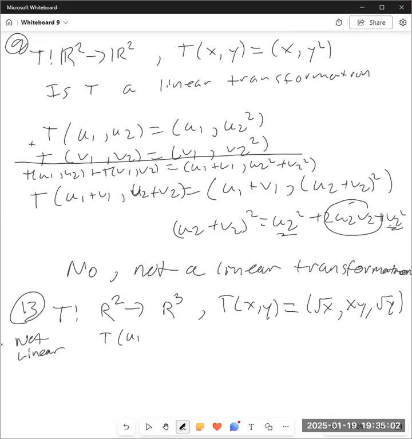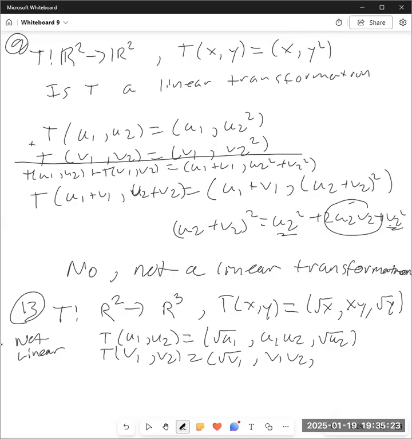T of u1, u2 is equal to square root of u1, u1 u2, square root of u2. T of v1, v2 is root v1, v1 v2, square root v2.